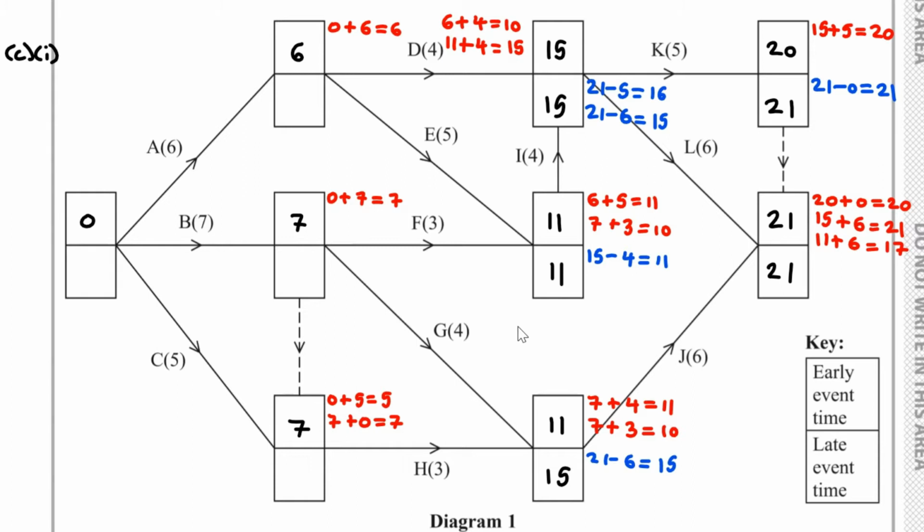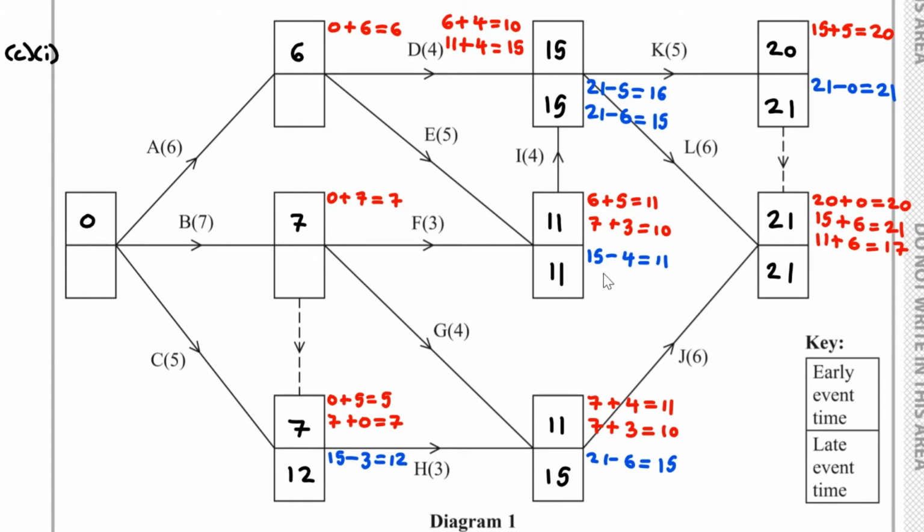Let's continue to work backwards. Here we have 15 take away 3, which is 12. So 12 goes here. And here we have a couple of options.